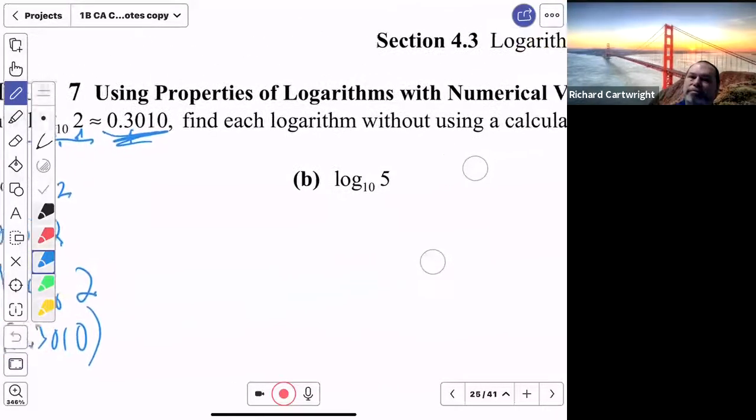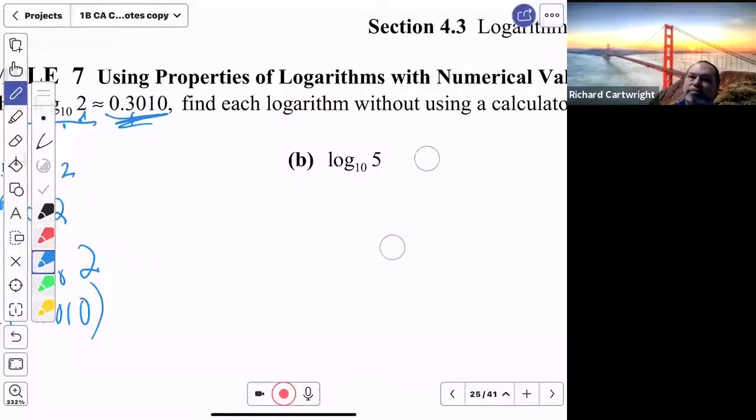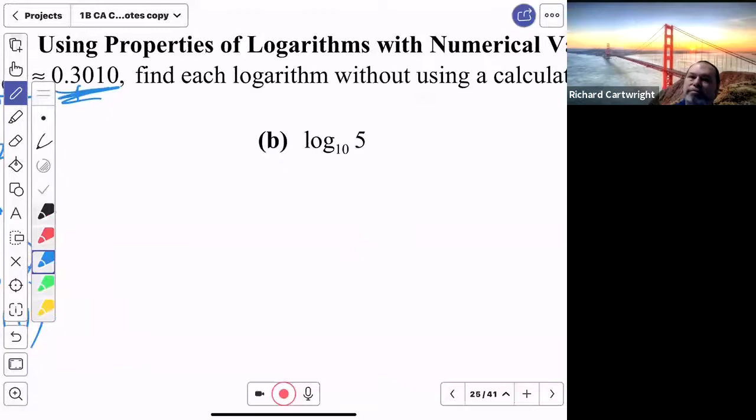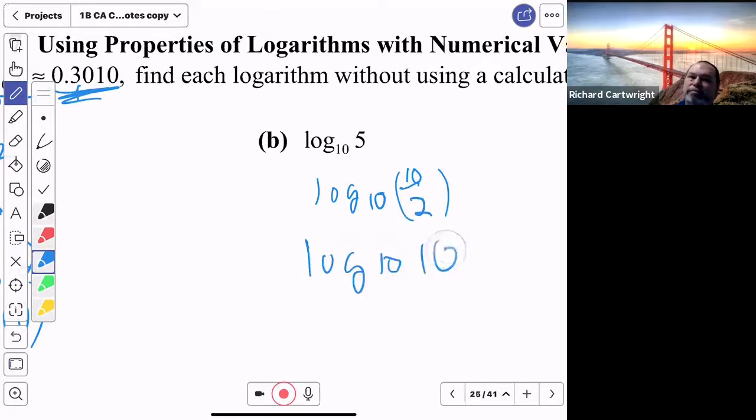How can I do that? Oh, I got it. Watch this. Log base 10 of, I call this 10 divided by 2. Yeah, this will work. Watch. Log base 10 of 10 minus log base 10 of 2.